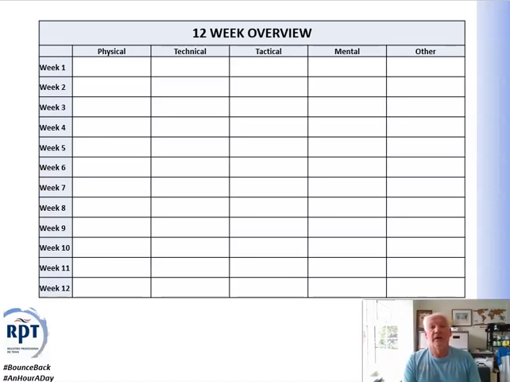You will have your 4 categories across the top. So remember, a lesson that we deliver always has the 4 elements. It starts with physical or footwork, and then we build on the technical element, and then how do we implement that technique tactically, and then always finishing with a competitive game that includes a mental skill.